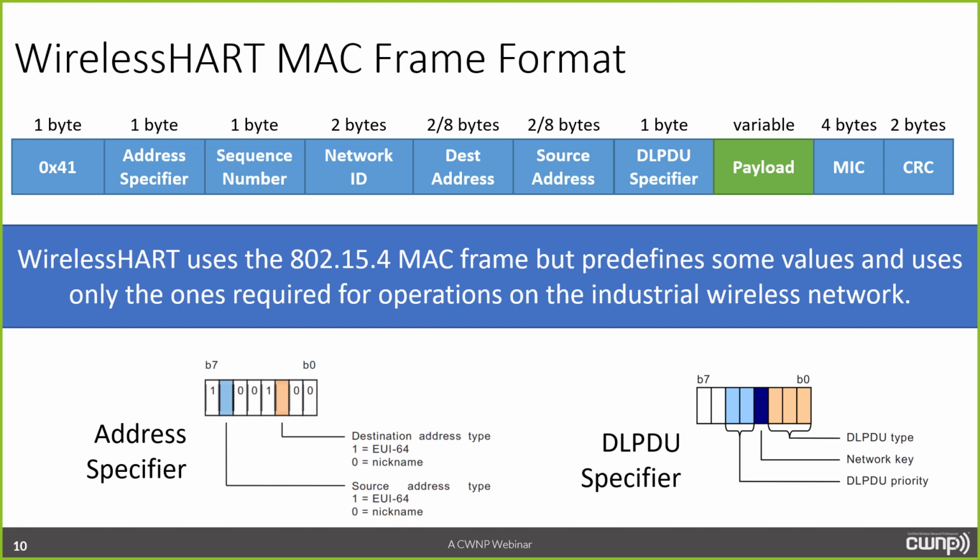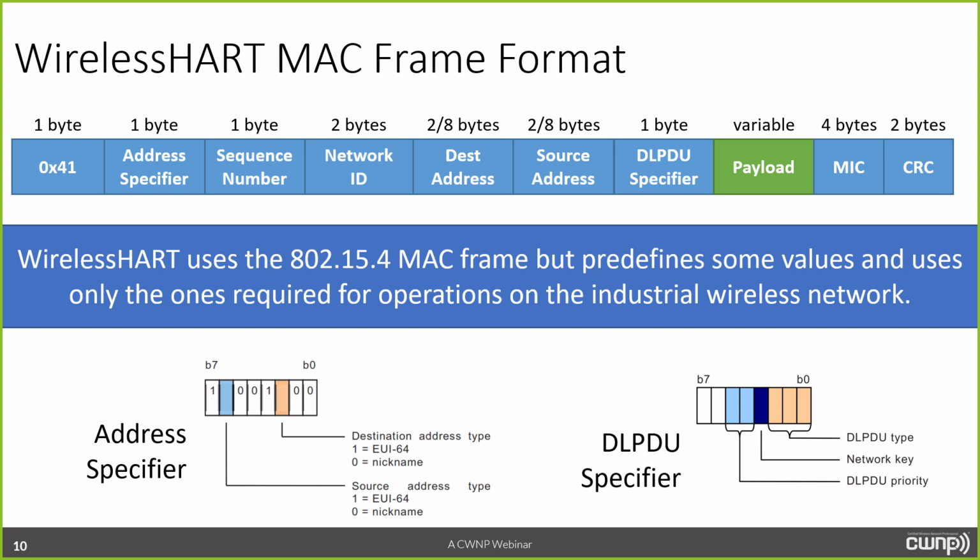And basically what we're going to do is if bit 3, or actually I'm sorry, bit 2, if bit 2 is a 1, then it's an EUI64 address. If it's a 0, then it uses a nickname, it's called within the standard. And then the same thing is true for bit 6. If bit 6 is 1, it's an EUI64. If it's 0, it's a nickname.